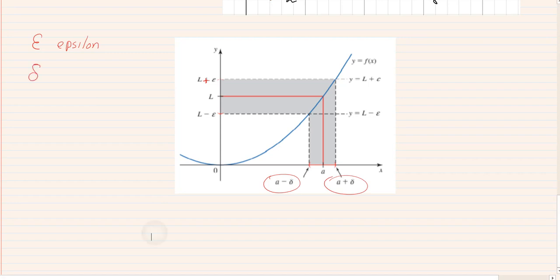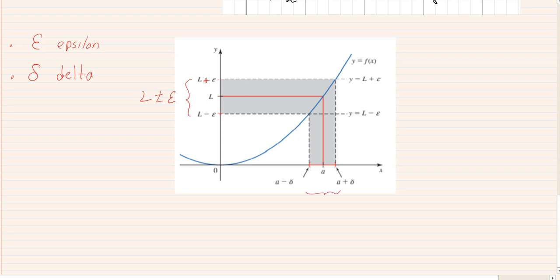So those are our 2 Greek letters that we use in here. In order to be within epsilon of L, so I'm looking at L plus or minus epsilon, that's what this interval is, you need to be within delta of A.